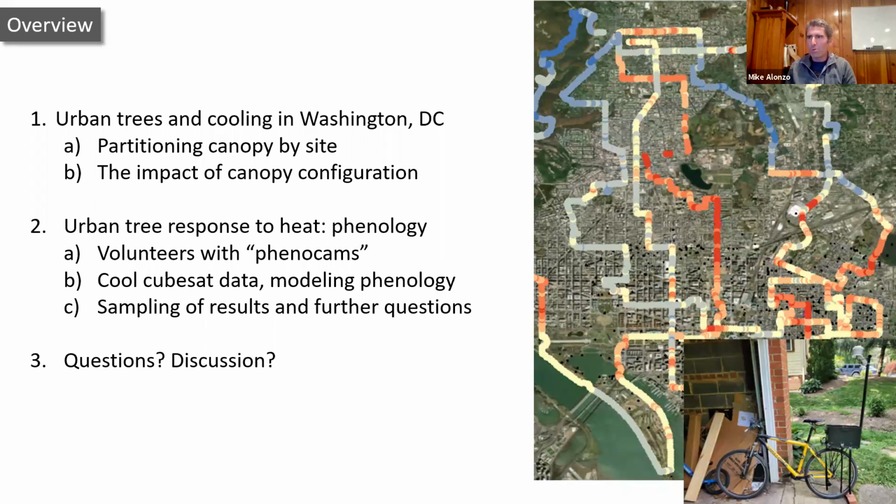And then the more work in progress is the "also feel the heat" part of the title, which is urban tree phenology. So the timing of when leaves are put on the tree and when they fall off, and how that changes based on tree species, site, and interannual climate variability.